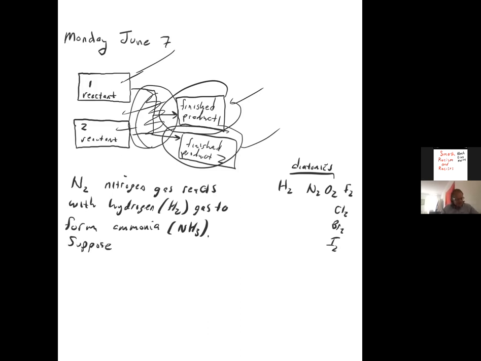So then in the question it says, there's your reaction. Suppose 7 moles of N2 and 1 mole of H2 are mixed. Okay?